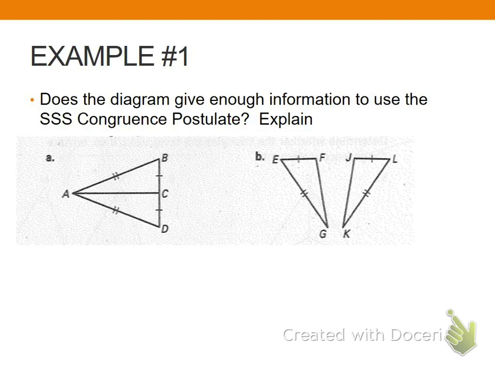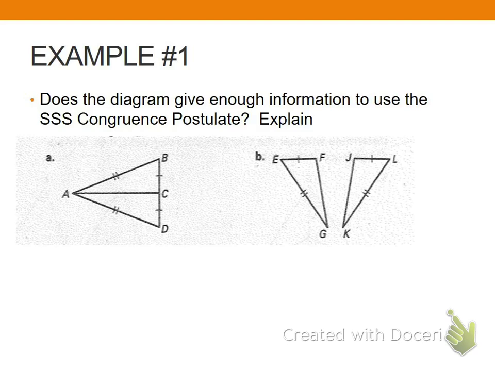Does the diagram give enough information to use the side, side, side congruence postulate? Explain. So for 1A, do we have enough information to use side, side, side? We're hearing some yeses, some no's, maybe some confusion here.